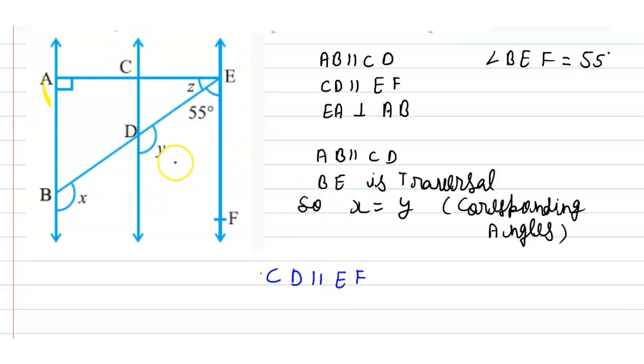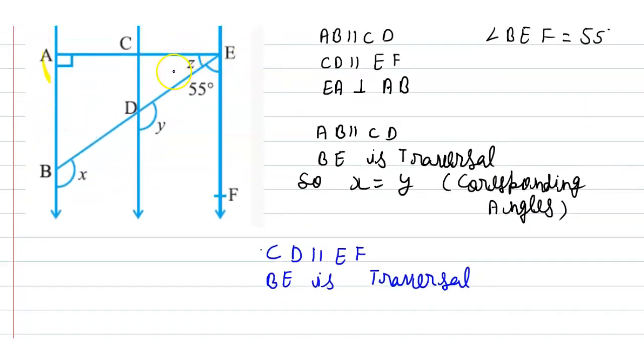This line is CD and this is EF, and this line BE is a transversal. If BE is a transversal, then angle Y and angle 55.